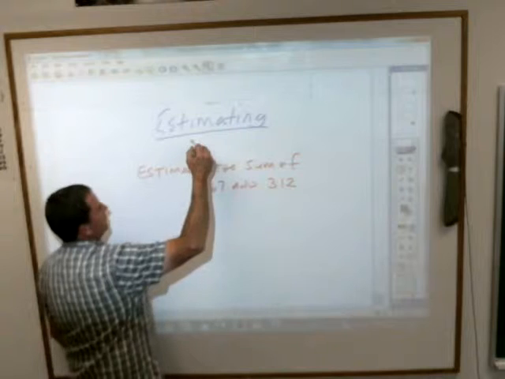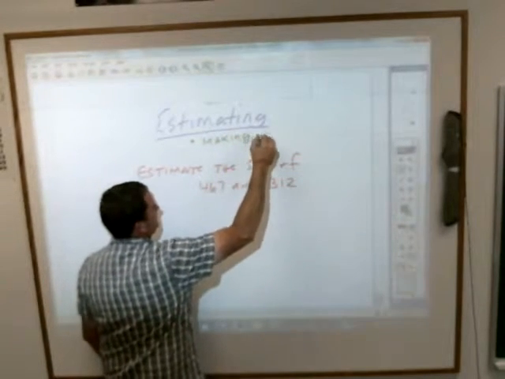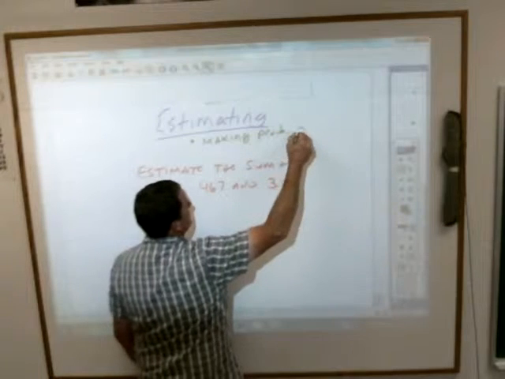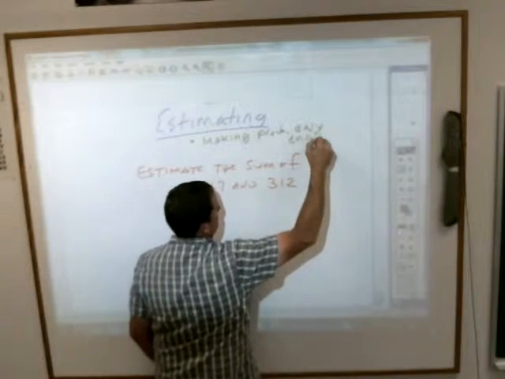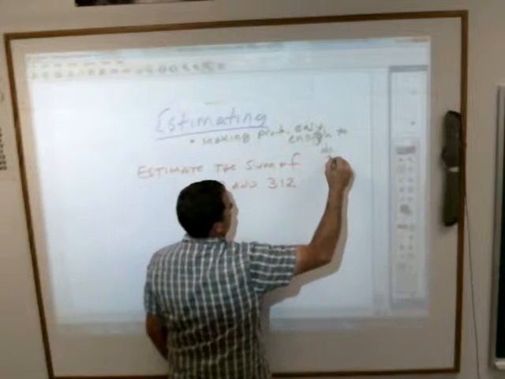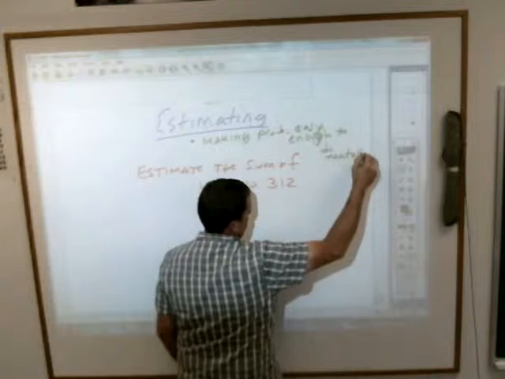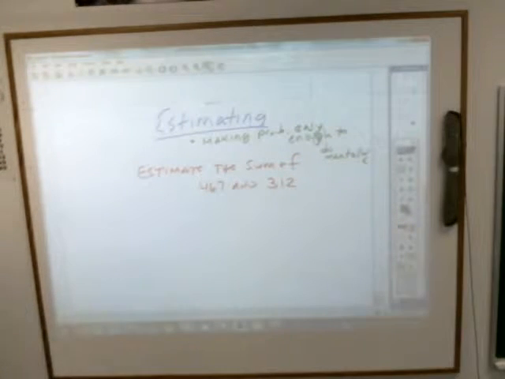Okay, what you're doing when you estimate is you're making the problem easy enough to do in your head, or do it quickly, as opposed to this. Now that doesn't mean I don't want you to show the work, because you would show some work for this.